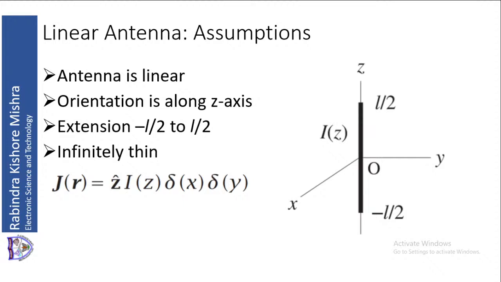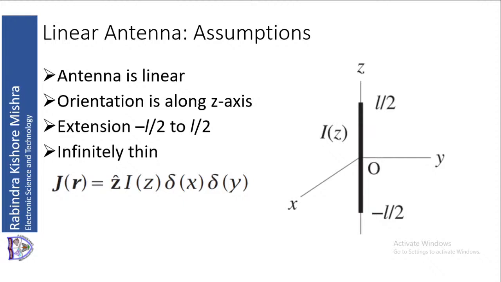Therefore, we will say that on this infinitely thin conductor, or thin wire, the current density J(r) is equal to z cap. The current will be oriented along the z direction because the antenna, or the conductor, is along the z direction.